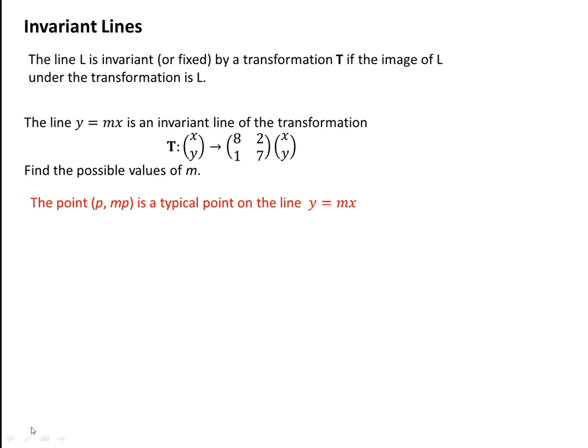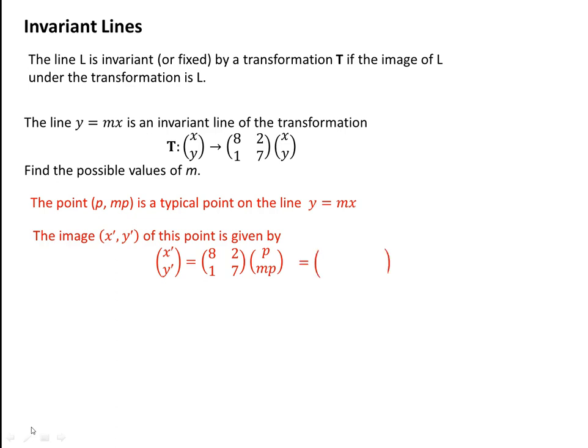The image of this point is calculated by multiplying the matrix 8, 2, 1, 7 by p, mp. So we've got x dash equals 8p plus 2mp, and y dash equals 1 times p plus 7 times mp.